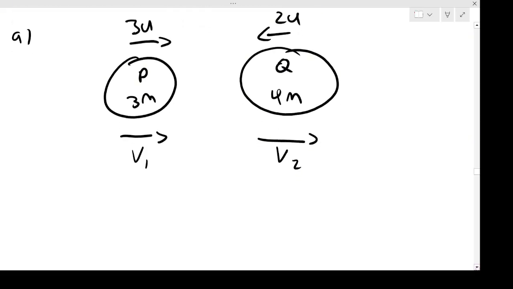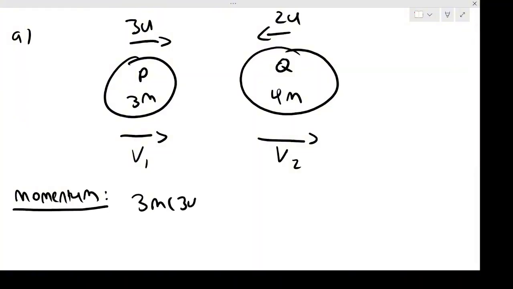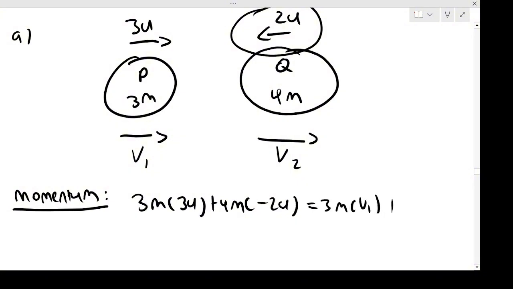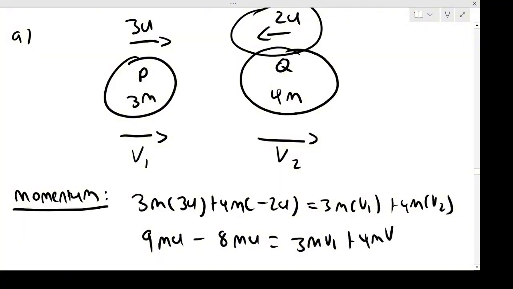So again, we're going to apply our usual technique. Momentum is going to be 3m lots of 3u, add 4m lots of negative 2u, because that's going in the negative direction, backwards. That's going to be 3m lots of V1, add 4m lots of V2. Then if we expand, we get 9mu, take away 8mu is 3mV1, add 4mV2.